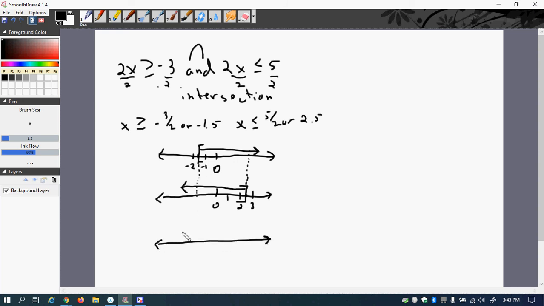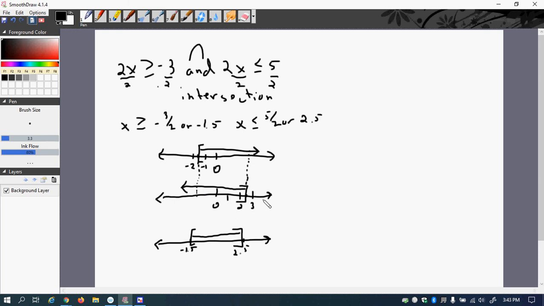And now I know this is at -1.5, and then this one here is at 2.5, and they're both brackets, so I'm going to do a bracket here and a bracket here, and then here's where they share the same numbers in both inequalities.